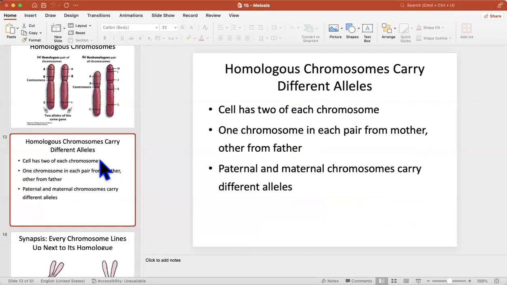Homologous chromosomes carry different alleles, which may be dominant or recessive, but the same genes, just different alleles. It could be dominant-dominant, dominant-recessive, or recessive-recessive. And one is from the father, one from the mother.